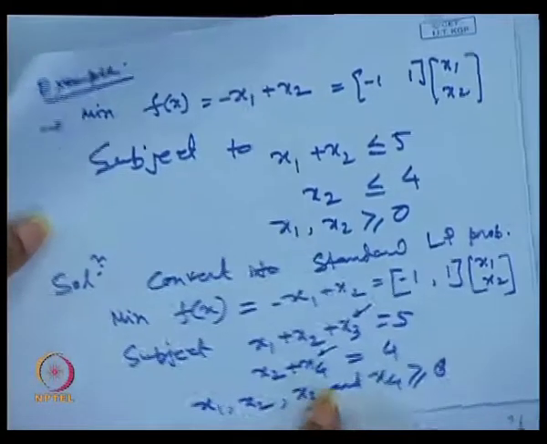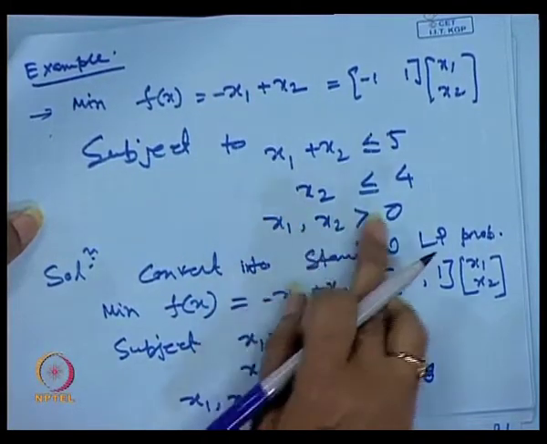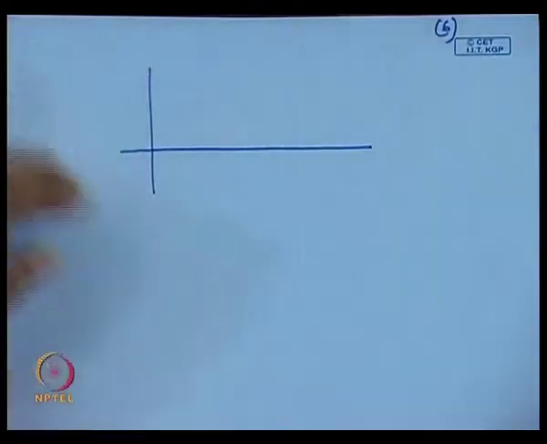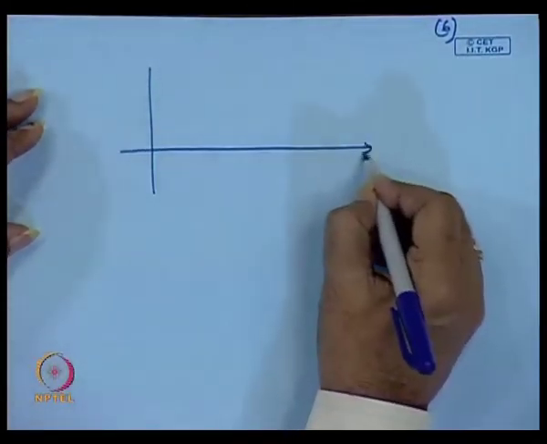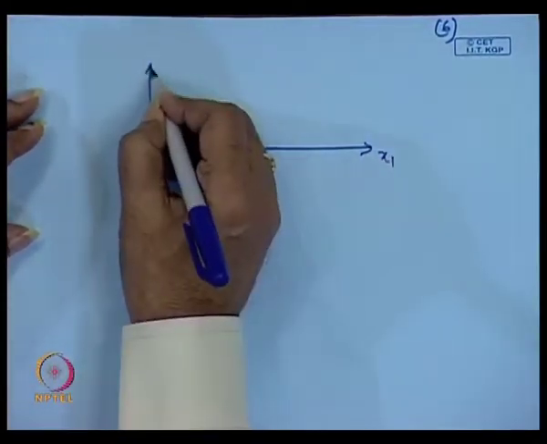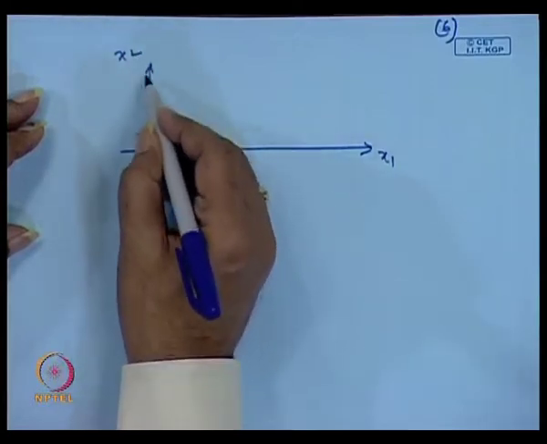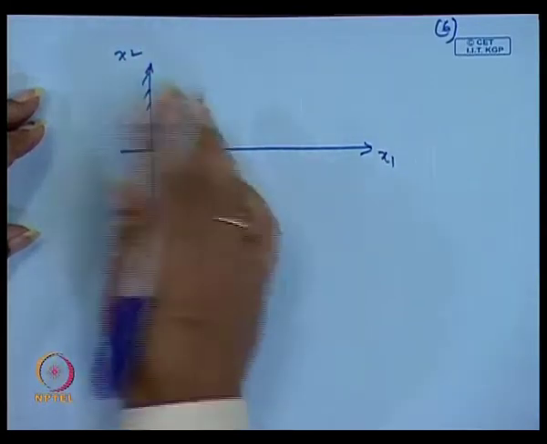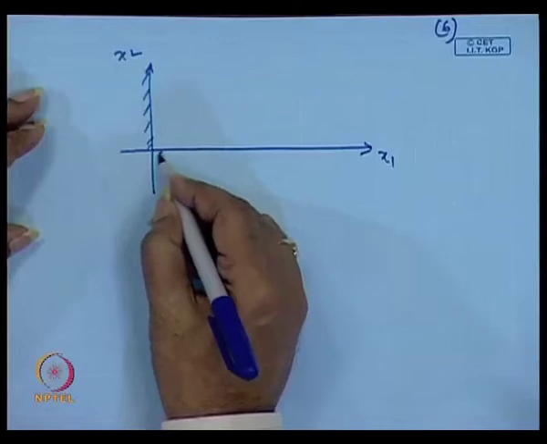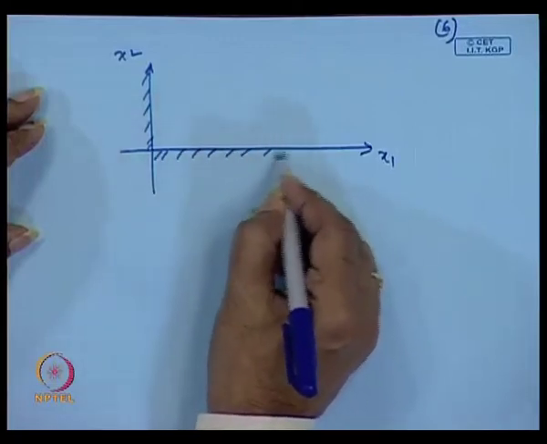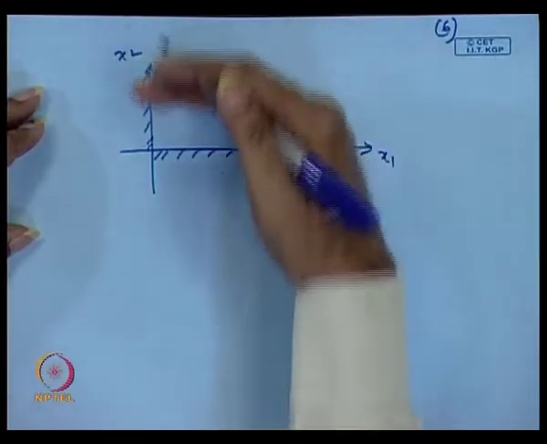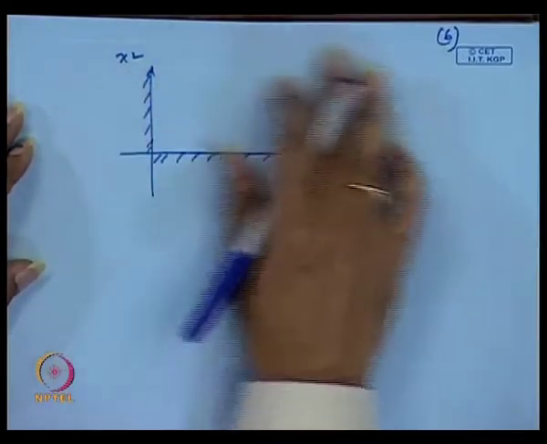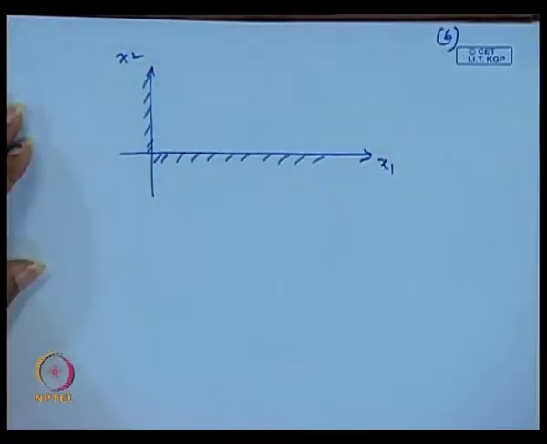When x 1 is greater than or equal to 0 and x 2 is greater than or equal to 0, this is our x 1, this is our x 2. x 1 greater than 0 indicates this region, and x 2 greater than 0 indicates that region.